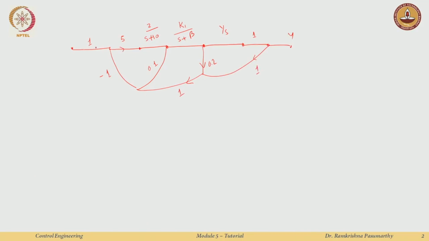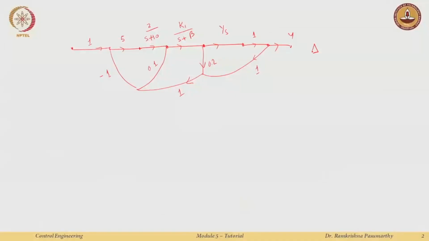And now these are all the directions of the arrows. Okay. So, I am just interested in finding the overall delta. Not really the transfer function, because I know that I am only interested in the denominator, which I call the characteristic equation. Why is that? Because I am just interested in how the poles of my closed loop system vary as I change a parameter from 0 to infinity, which is k1 in this case.